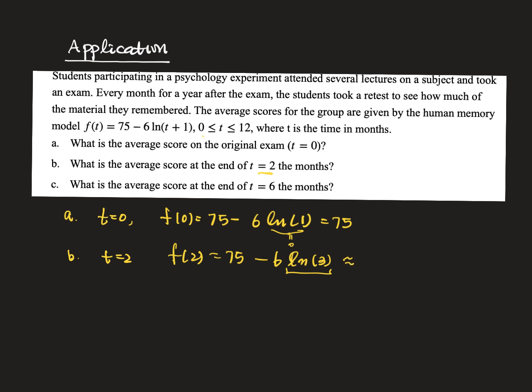So this one is almost 68.41. That's decreasing, right? After 6 months, how much are you going to remember? f of 6 is 75 minus 6 ln of 6 plus 1, which is 7. You get about 63.60. As you expected, as time goes on, your test score decreases.